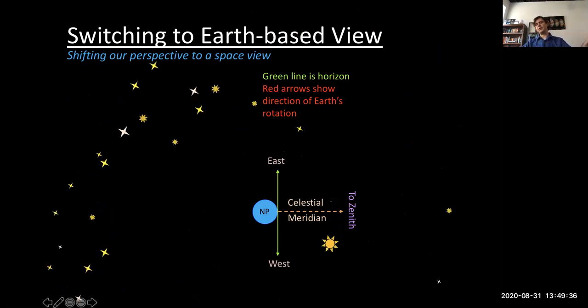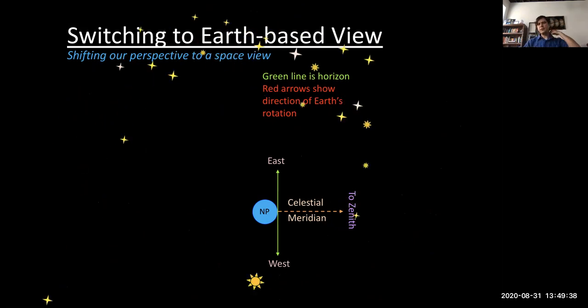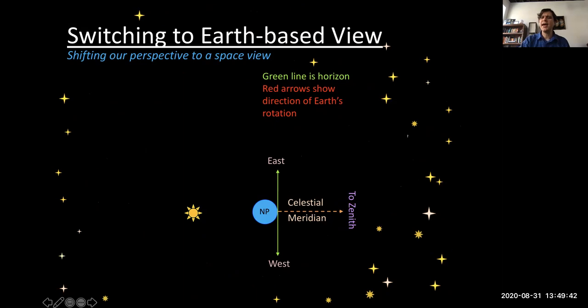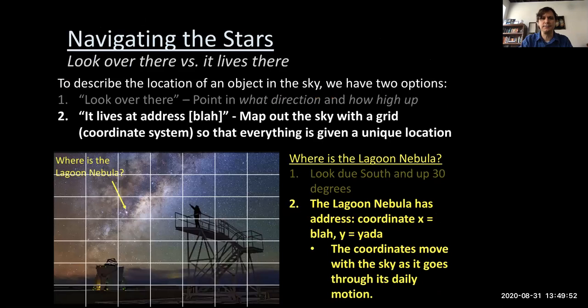azimuth all the time. Wouldn't it be great if we had a coordinate system, a way to just say, hey, this star lives here. It is always at this coordinate, and then all you have to do is know how to find those coordinates in the sky, to be able to determine whether they're up or not.